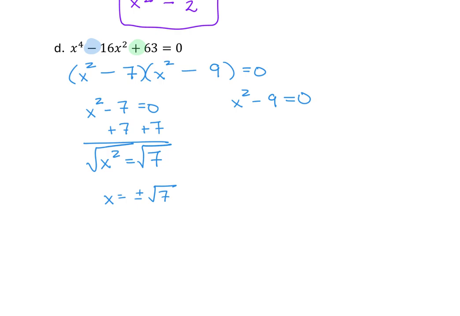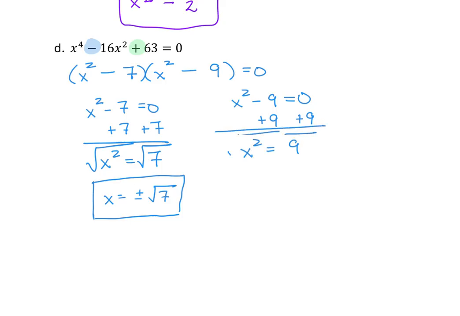Though it is not a nice number, it is a real number, and so we are going to keep this. Similarly for the other one, we want to add 9 to both sides. We're going to take our square root, and we get x equals plus or minus, and the square root of 9 is 3.